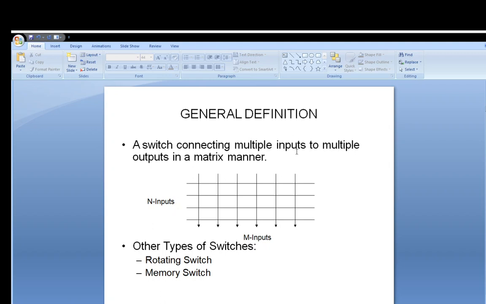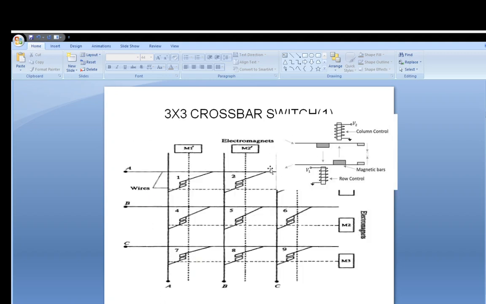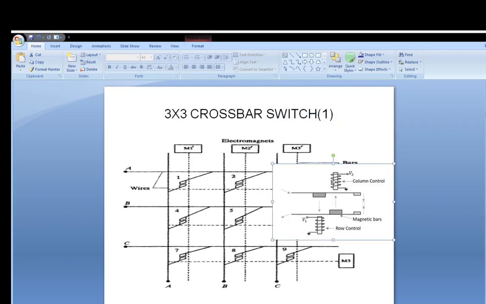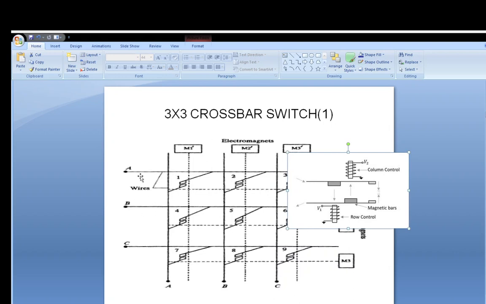This concept can be more clearly indicated in this figure, that there are three subscribers A, B, and C horizontally connected with wires, and there are vertical lines also connected to subscribers, and the lines of these subscribers are connected with the switches shown at points 1, 2, 3 and so on.